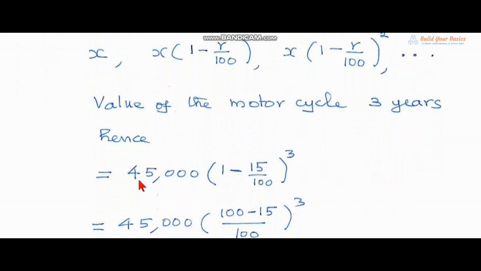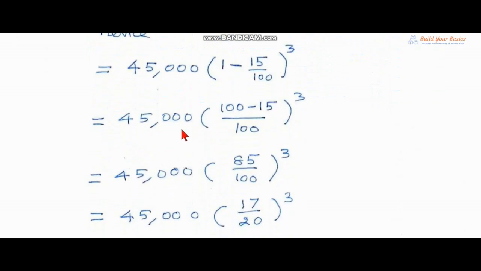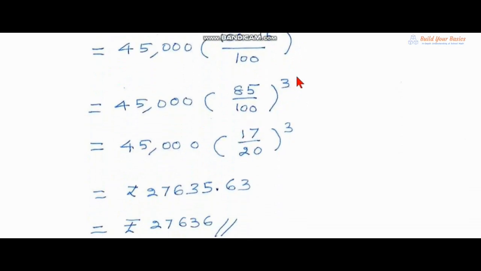Here X is 45,000 rupees given in the problem, and depreciation percentage 15%. So 45,000 into 1 minus 15 by 100 whole cube, that is 45,000 into, take LCM, 100 minus 15 by 100 whole cube, that is 45,000 into 85 by 100 whole cube, that is 45,000 into 17 by 20 whole cube.